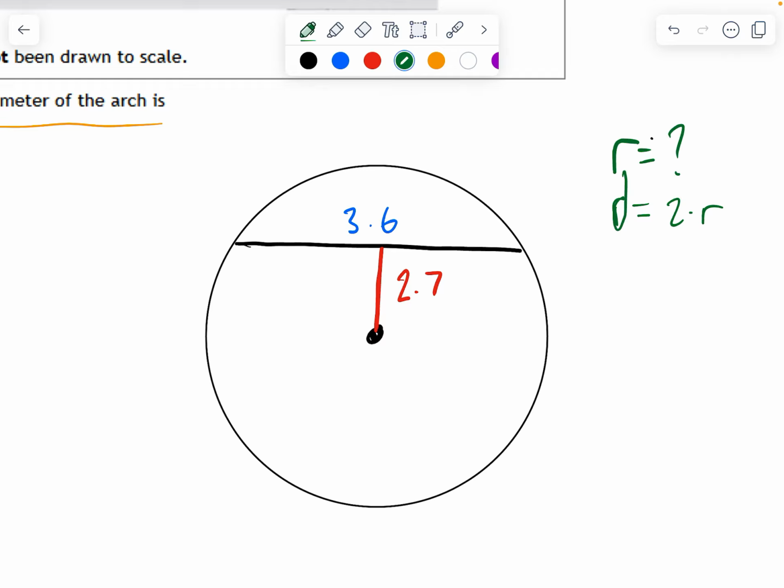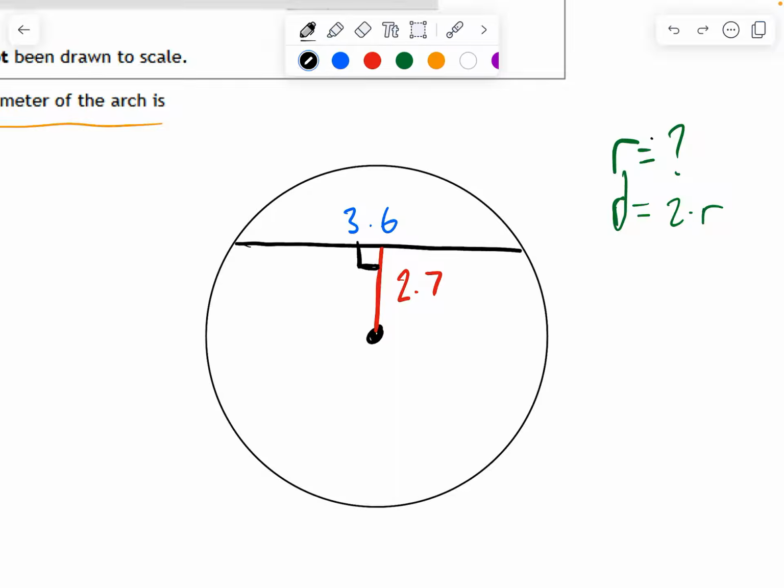Okay? So looking at properties, we know that from the center to the black beam is 2.7. Now that is going to hit a direct vertical, kind of like a perpendicular distance to that beam. That's going to be a right angle right there. And what that allows us to do is use a couple of our circle properties, knowing that if that is a right angle intersection, then that means that this can be split directly in half.